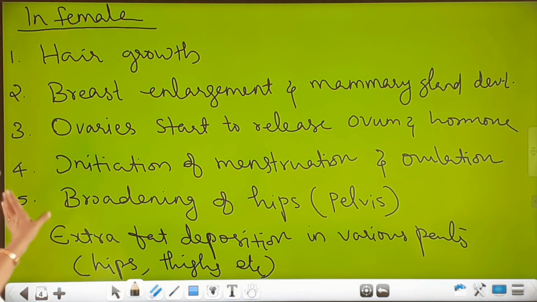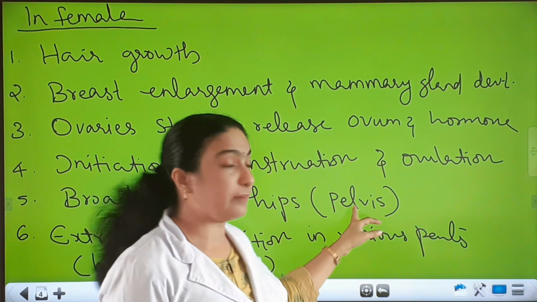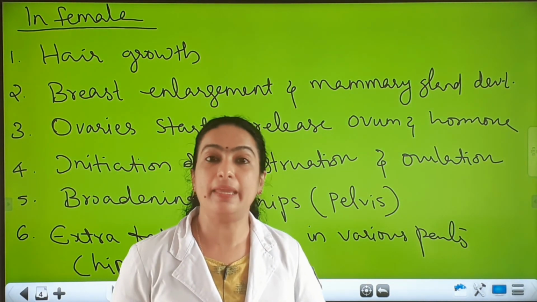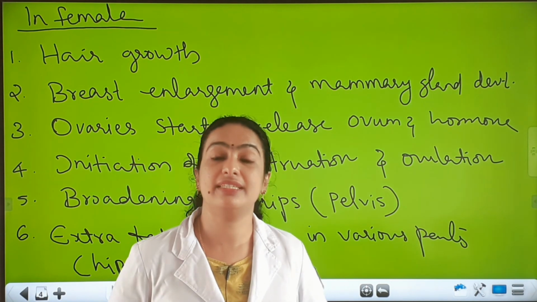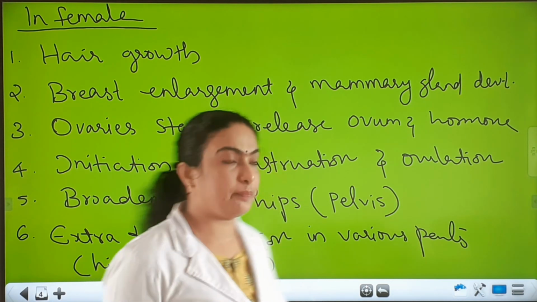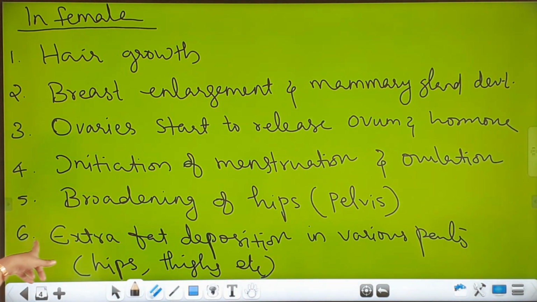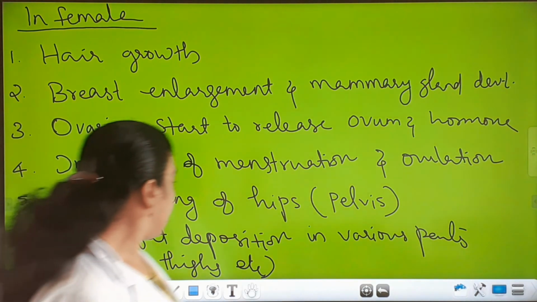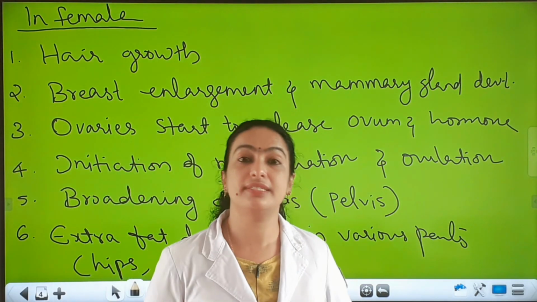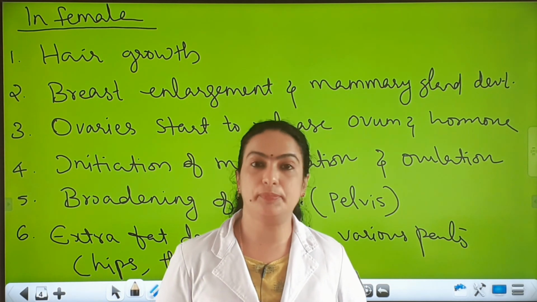Then broadening of hips, the pelvic bone. Due to the broadening of the pelvic bone, the hip region, or we can say the waist, attains shape. And extra fat deposition in various parts such as hips, thighs, etc. So these are the secondary sexual characters in girls during puberty.